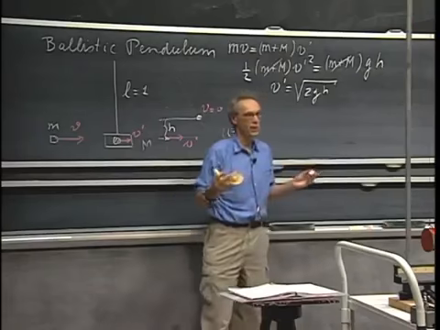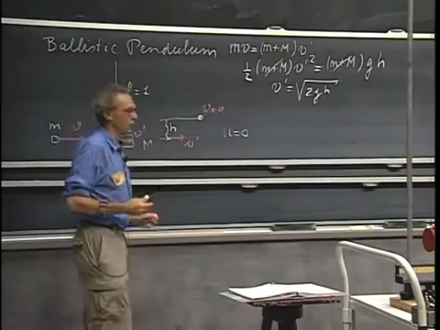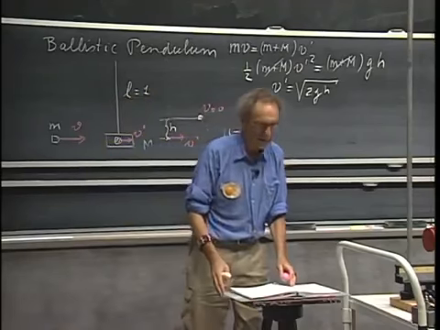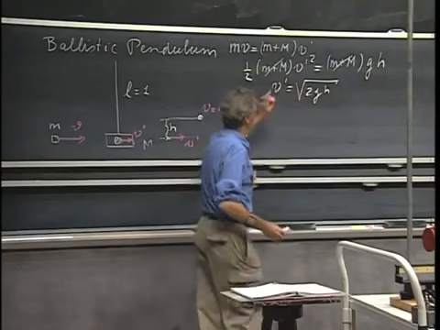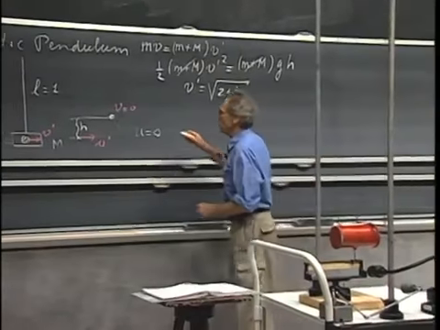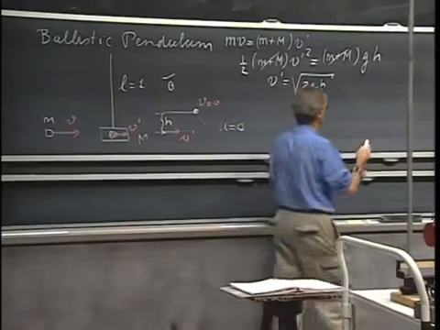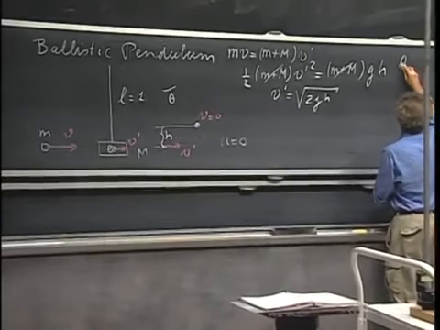And so all you would have to measure is h, and then you know v prime, and if you know v prime, you know the speed of the bullet. But life is not that simple. It's very difficult to measure h, and I can make you see that. Suppose this angle theta, when it comes to a halt, is only 2 degrees.